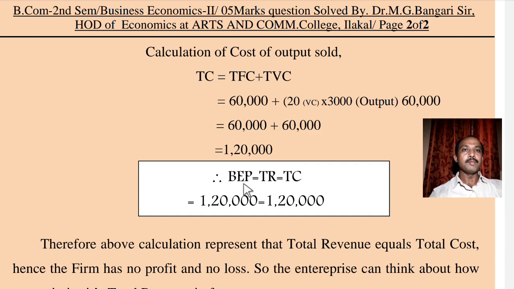Therefore, BEP is equal to TR equal to TC, or break-even point equals total revenue equals total cost. In this calculation, total revenue is 1,20,000 and total cost is 1,20,000. Hence total revenue equals total cost.